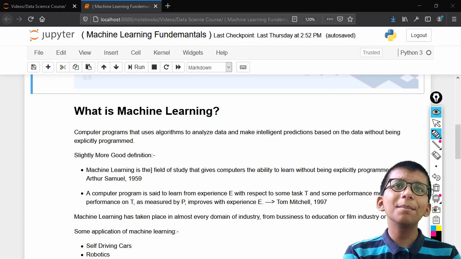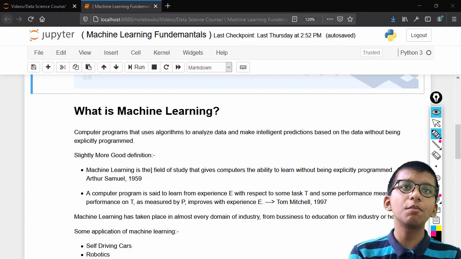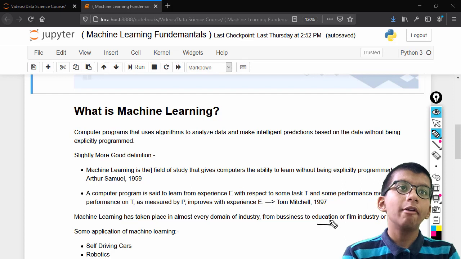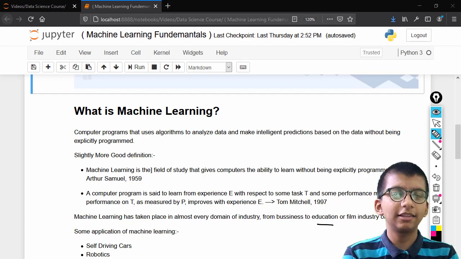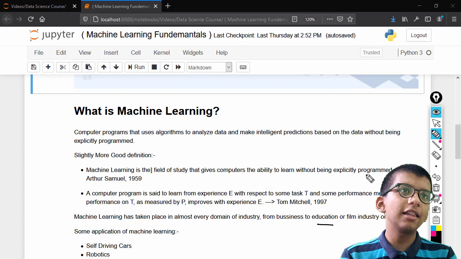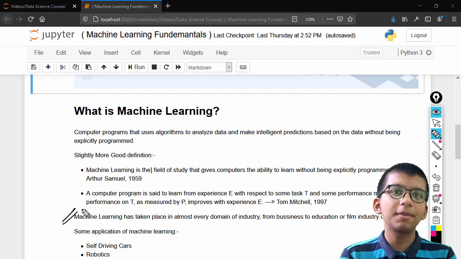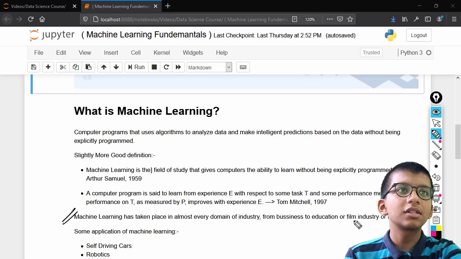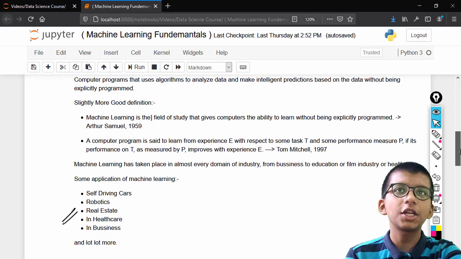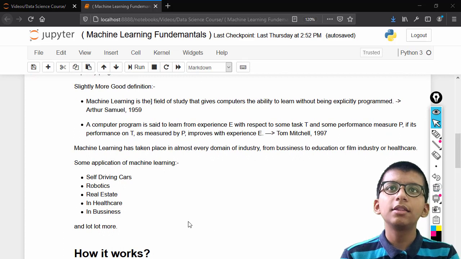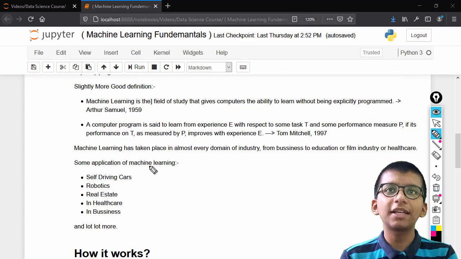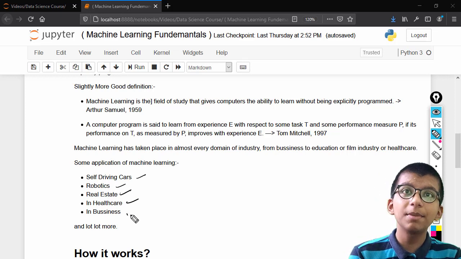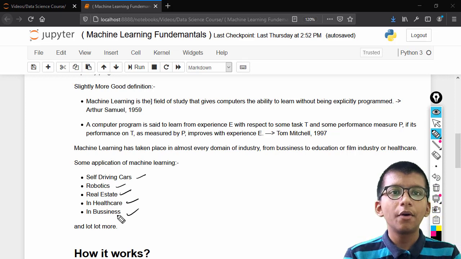Machine learning has taken place in every domain of industry, like business, education, film industry, or healthcare. We'll talk about the business domains in detail later on. So let's talk about some of the applications of machine learning. Some of the applications are self-driving cars, robotics, real estate, healthcare, business, and all those kinds of things.